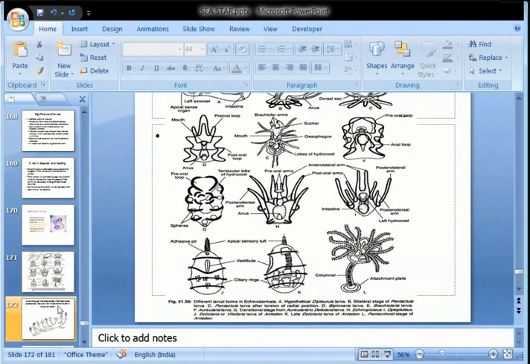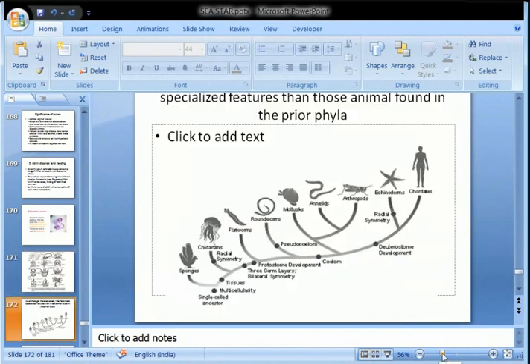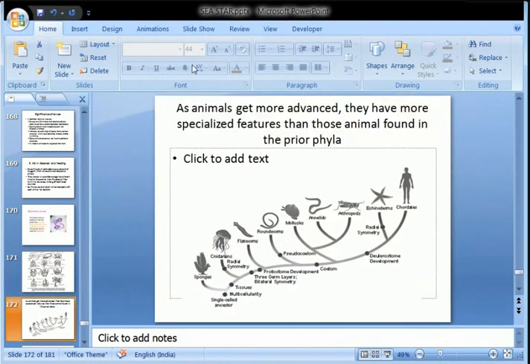Now, as the animal gets more advanced, it has more specialized features than those animals found in the prior phyla. So here we see the single-celled ancestors, then multicellularity was achieved over the course of evolution, and then one branch formed sponges.